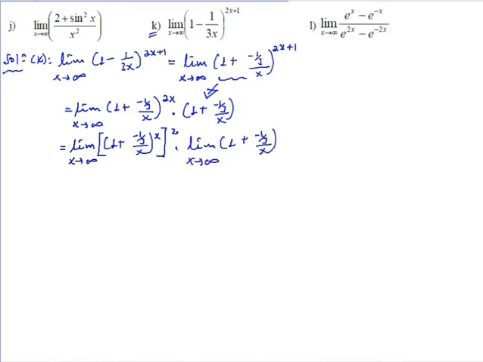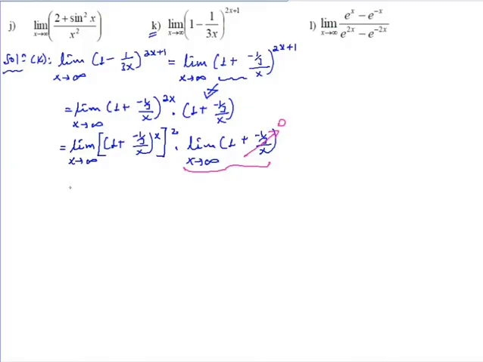Now here you need to observe this part. This term goes to 0, so 1 plus 0 is 1. So the whole thing becomes 1. The limit of this expression is 1.